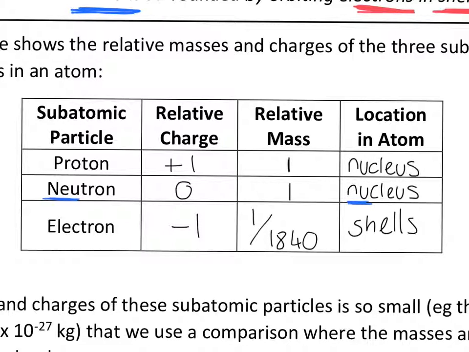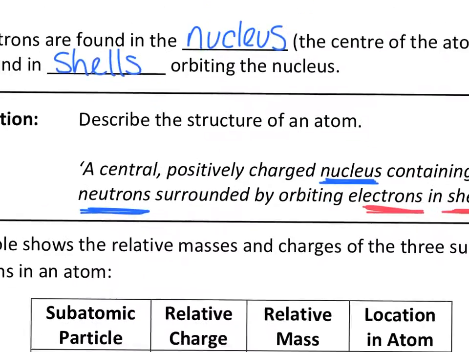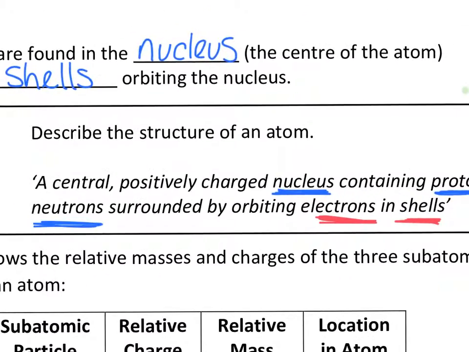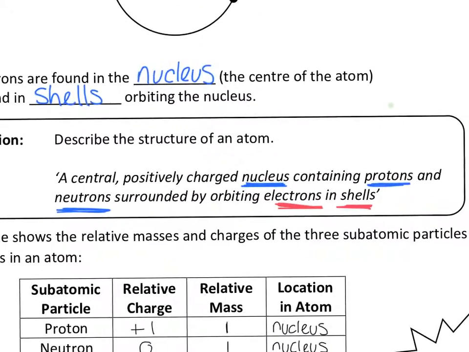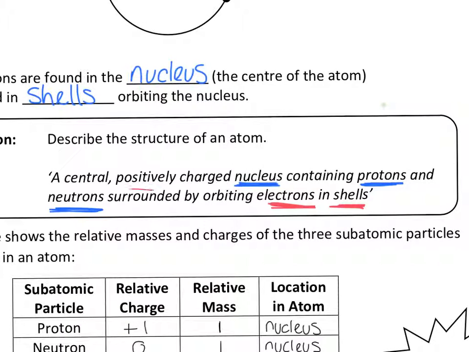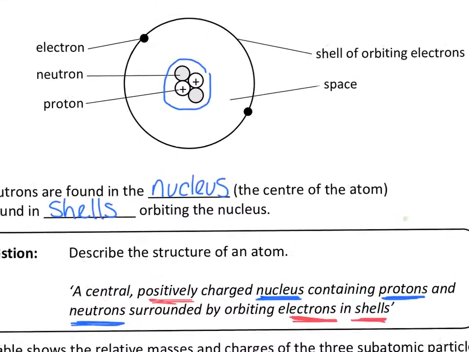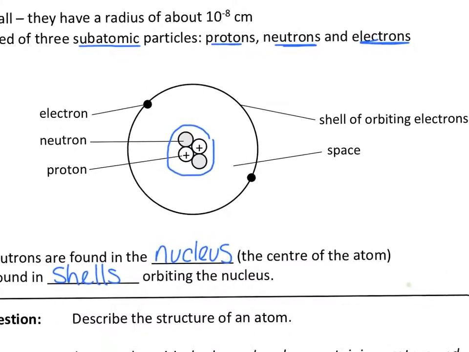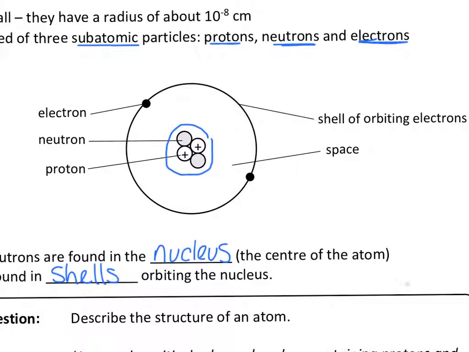So that explains a little bit more about our definition. If we go back up to that, we said that the structure of an atom is a central positively charged nucleus. And it's positively charged because if we go back up to our diagram of the structure of an atom, we can see that our nucleus contains protons and neutrons.